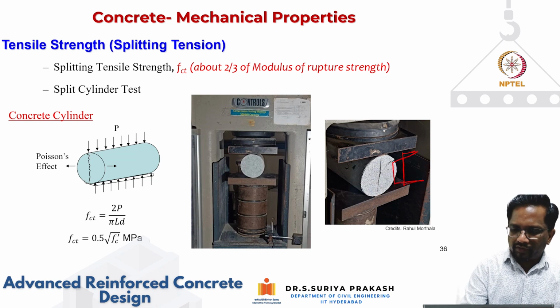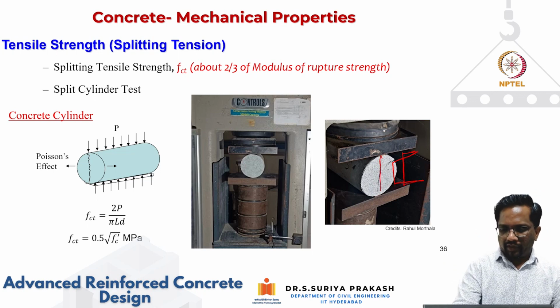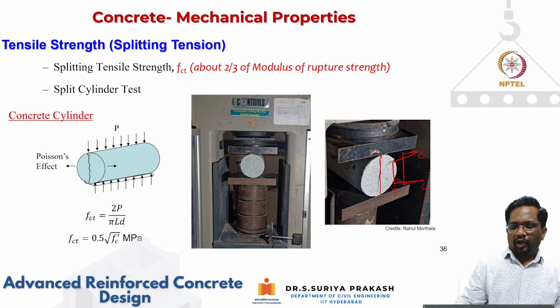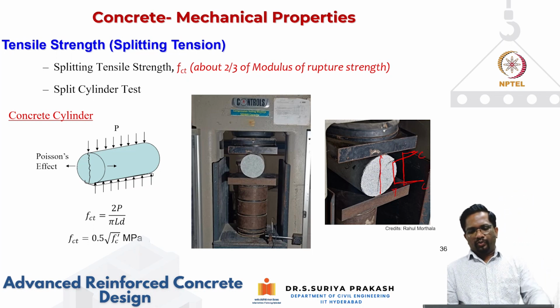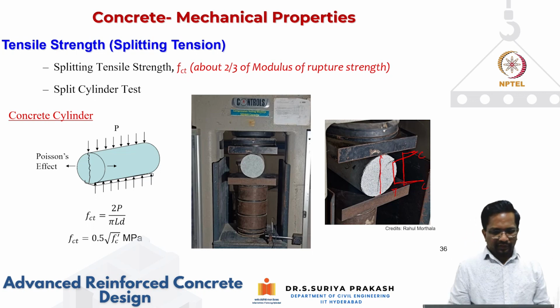This is the stress distribution across this crack plane. Okay, so this is compression, this is tension. So almost about more than two-third or more than 80% of your cross section at this location will be subjected to tension. So this is again a very easy way of testing concrete to get its tensile strength.